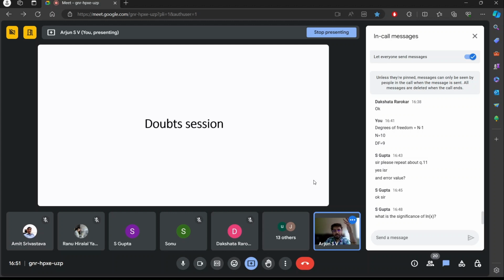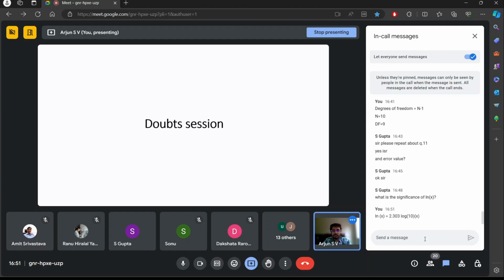Ln x will be 2.303 times some constant, I'm not sure of the exact value, so ln x will be 2.303 log base 10 of x. If you can find log base 10, you can multiply that by 2.303.